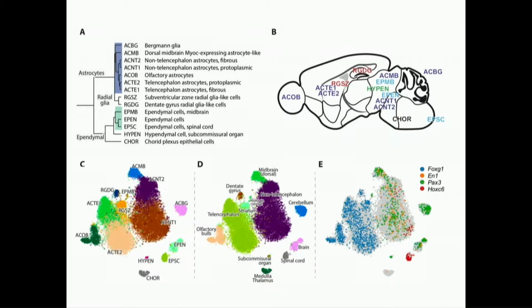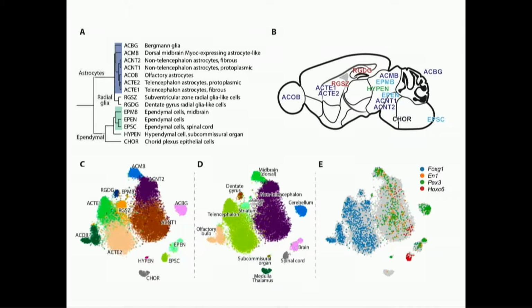So we were surprised to find actually a large number of regionally specific astrocytes. This is a magnification of a part of the tree that you saw in the previous slide, and we found these, I guess it's 7 types of astrocytes, including the Bergmann that were known before, but these other types are, we believe, novel.